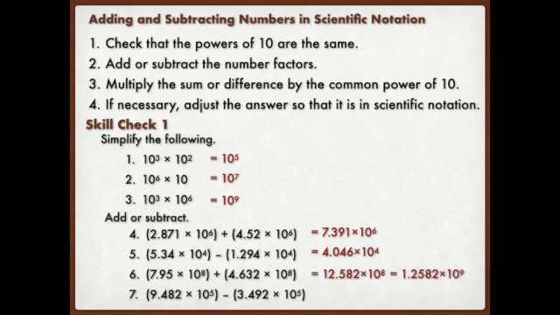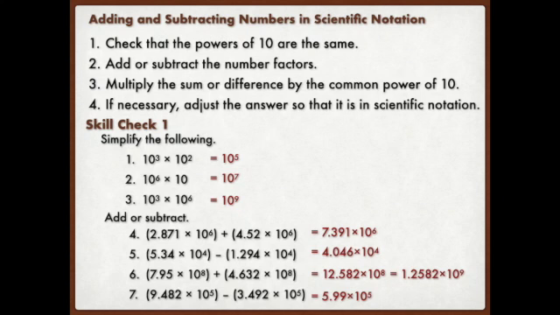But the problem here is I have 12.582 times 10 to the 8th. I can move the decimal point 1 to the left, and that will modify my exponent to 10 to the 9th. Let's do the last one. 9.482 minus 3.492. I'm going to subtract, and my powers of 10 and exponents stay the same.